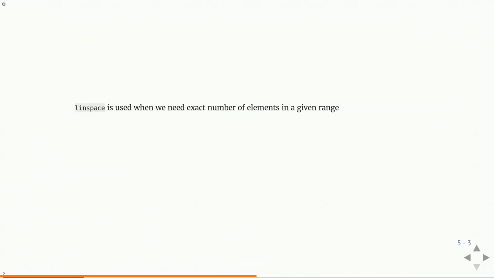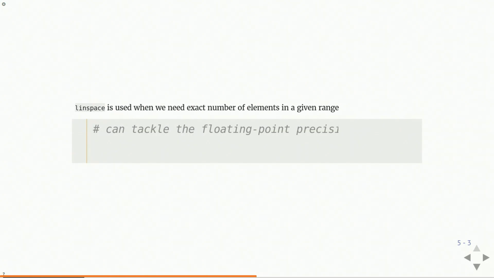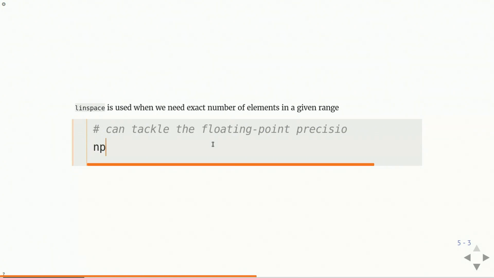linspace is different in the sense that its third argument is not the step size, but the number of elements to get between the starting and end point, and thus helps us overcome floating point precision issues. So, for example, c is equal to np.linspace of 1 to 10, and let's ask for 30.